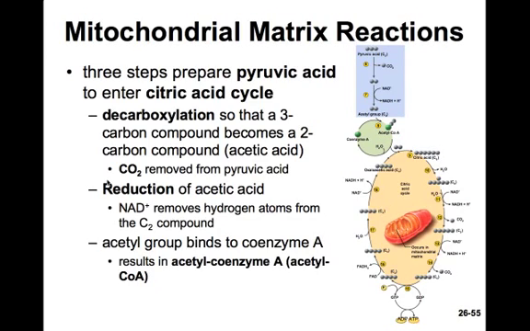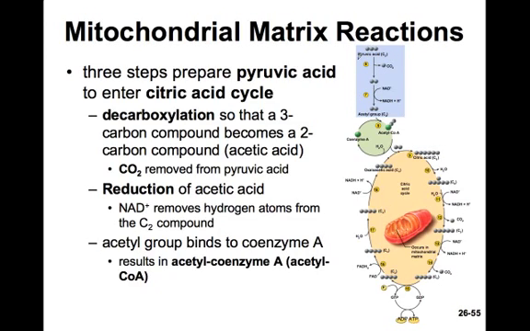So remember, how many carbons did we start out with? It was a glucose, and a glucose has 6 carbons. So how many pyruvic acids came from the breakdown of glucose? Yes, 2. If 2 pyruvic acids come from the breakdown of glucose, then this whole system will have to run 2 times, right?